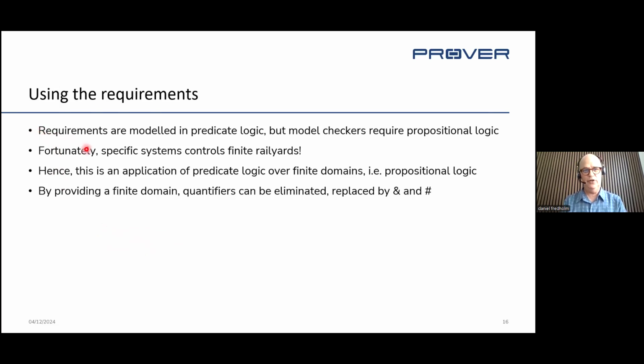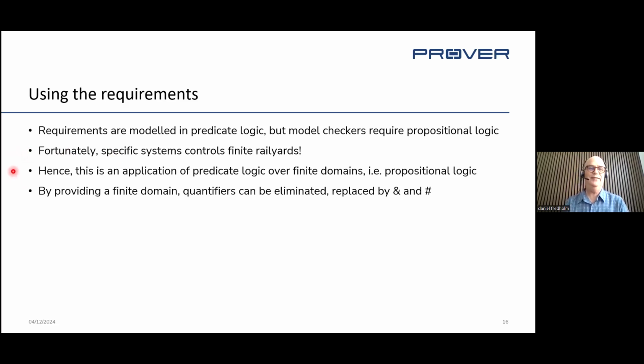So as we said, requirements are modeled in predicate logic, but model checkers require propositional logic. But the really fortunate thing here is that specific systems control finite rail yards.